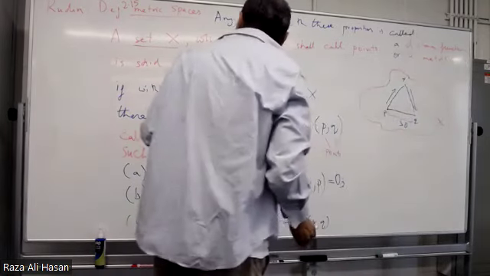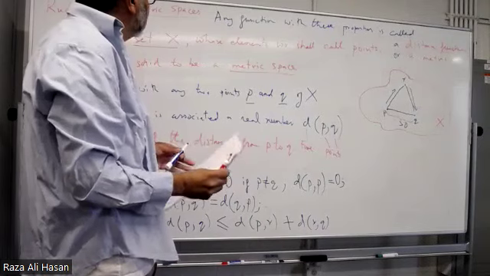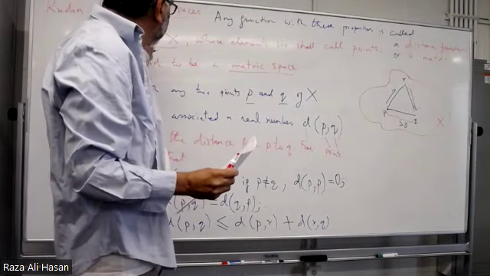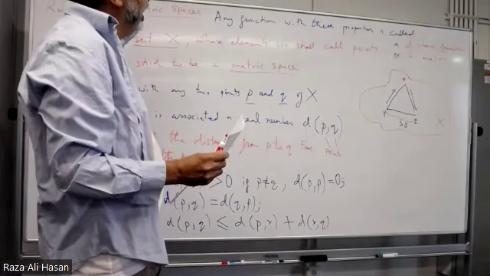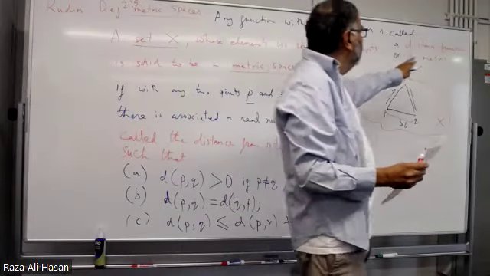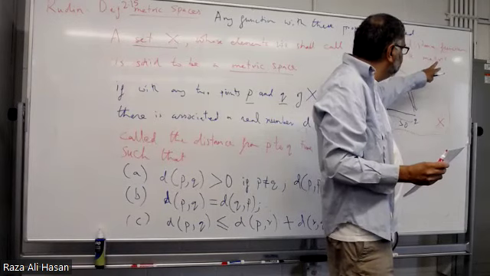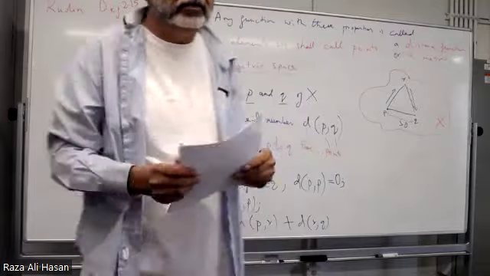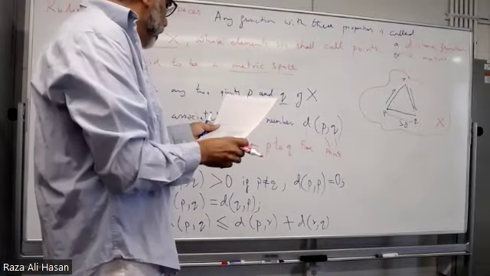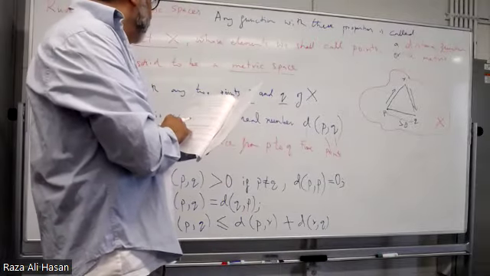Okay, so, all right, so a metric space is a set X that has a distance function or a metric that works for that set, basically. Okay, so there is another way to represent all of this.